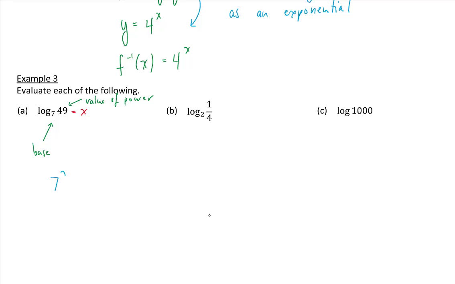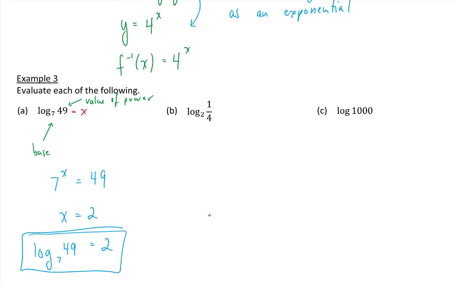So I get 7 to the exponent of x is equal to 49. So what exponent on 7 will give me 49? Well, that would be x is equal to 2. So this means that log base 7 of 49 is equal to 2. The answer to a logarithm is the exponent for the given base.